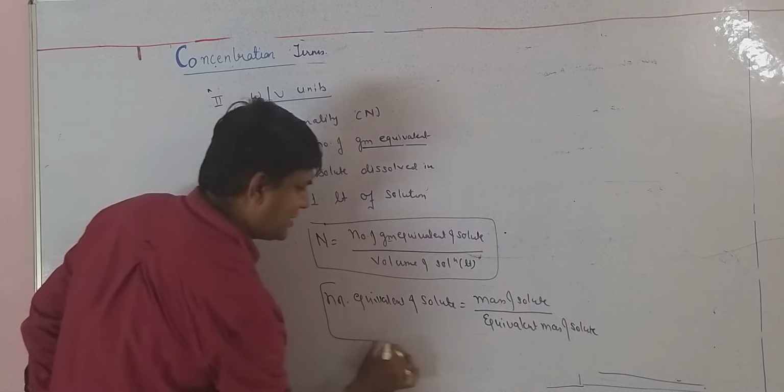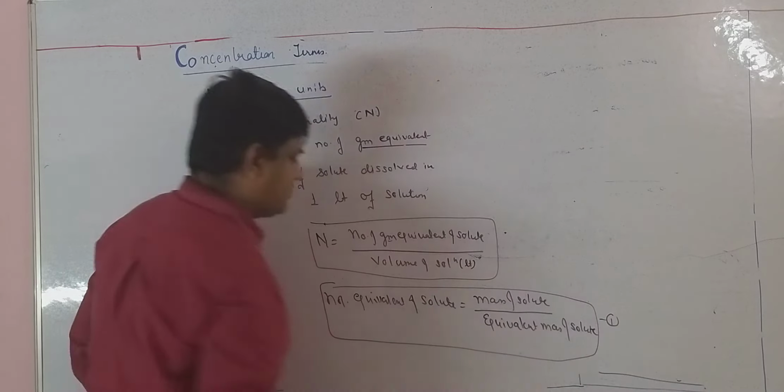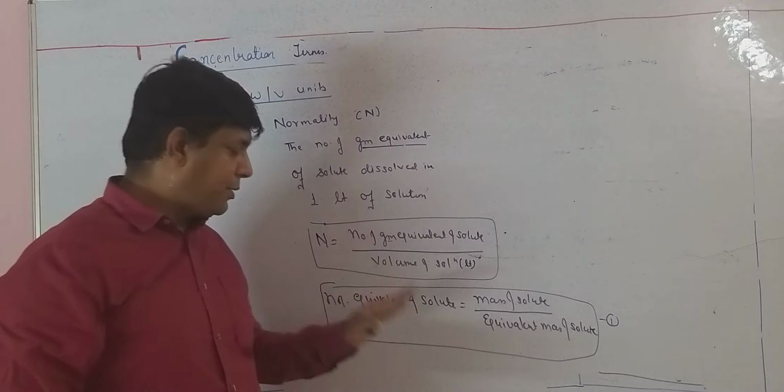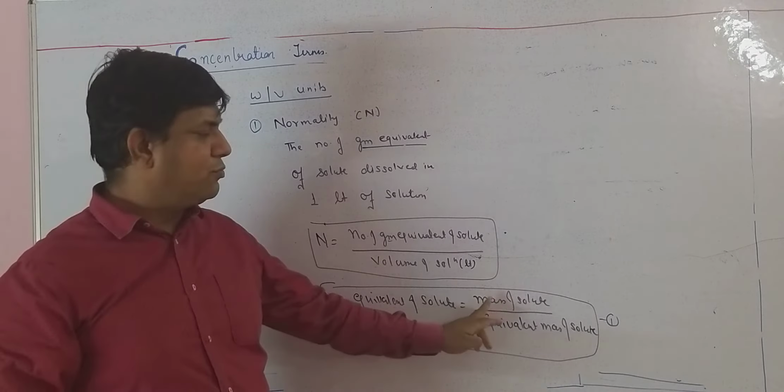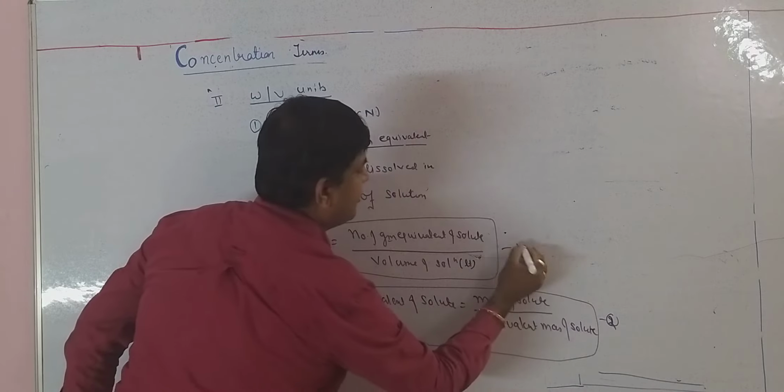So this is formula number 1 of normality. Formula number 2: number of equivalents of solute is equal to mass of solute upon equivalent mass of the solute.